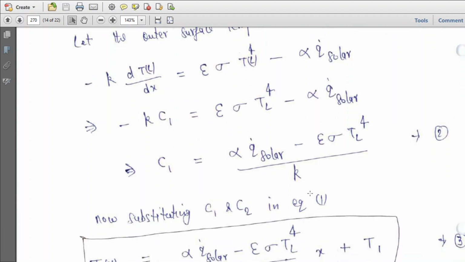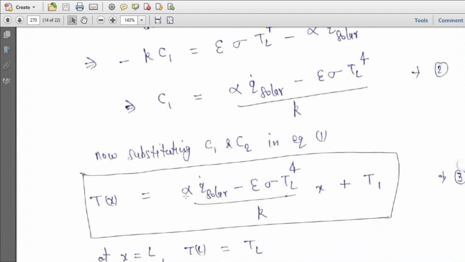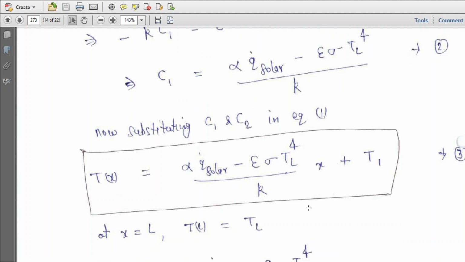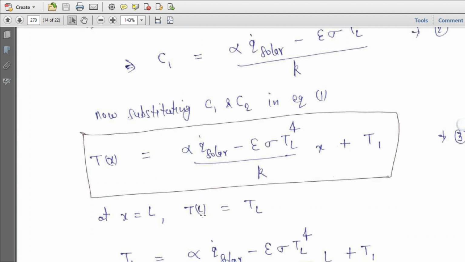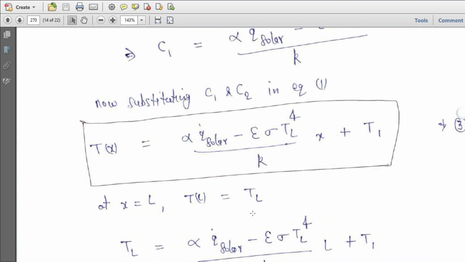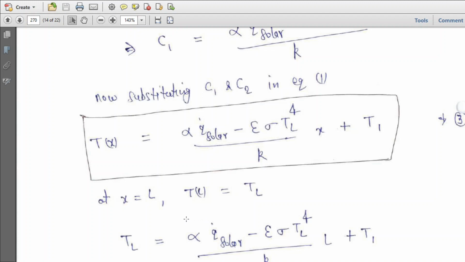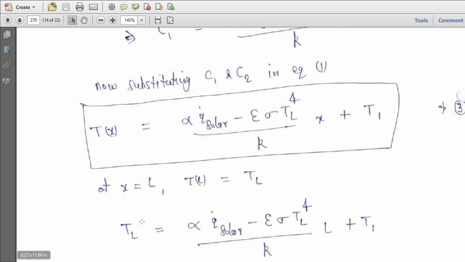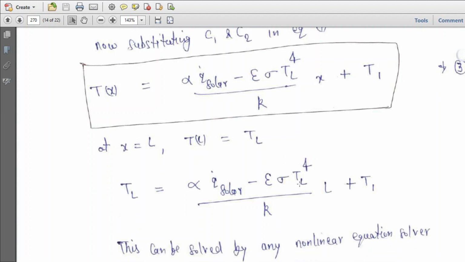Now substituting C1, C2 in the equation back, so your T(x) equal to (alpha Q dot solar minus epsilon sigma TL⁴)x upon K plus T1. So at x equal to L, you will find TL equal to (alpha Q dot solar minus epsilon sigma TL⁴)L upon K plus T1.